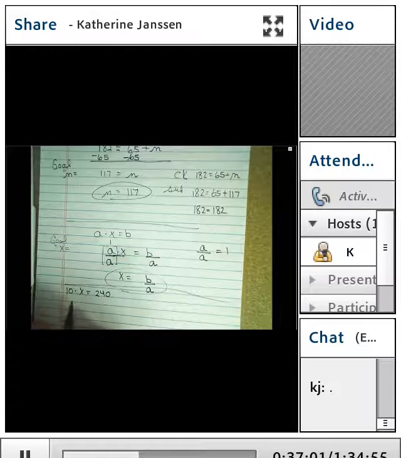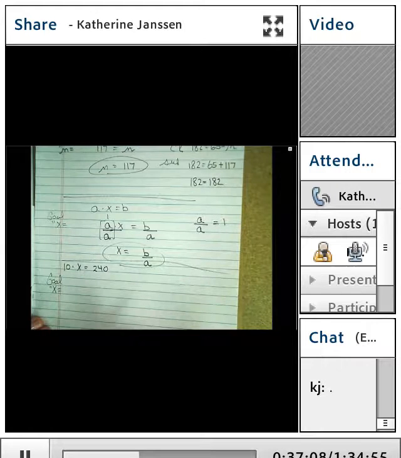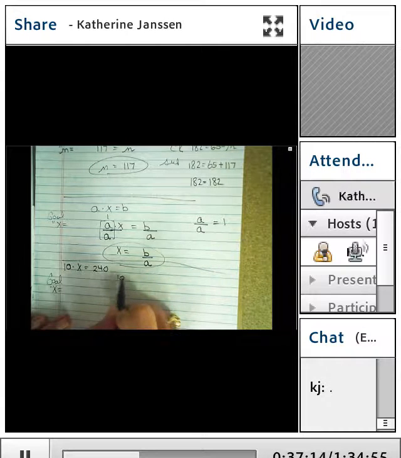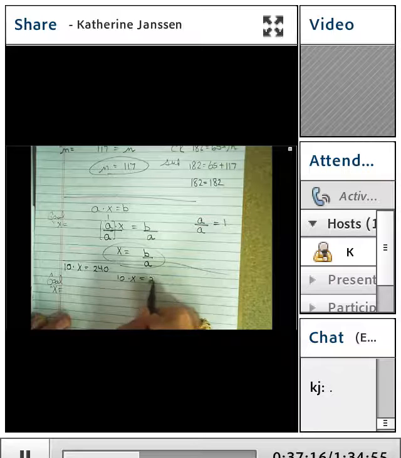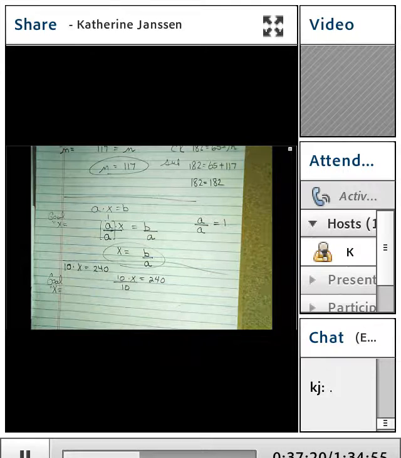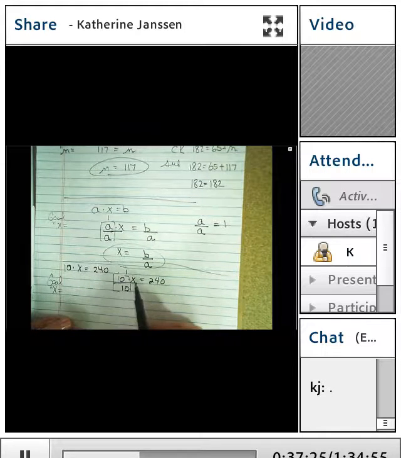Well, my goal is x equals. So I want to isolate the variable, but it's tied up in multiplication. 10 times x. If I divide 10 by 10, I have another name for 1. 10 divided by 10 is another name for 1, and 1 times x is x equals.